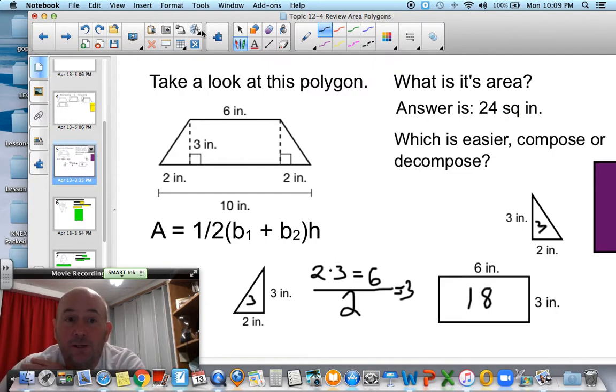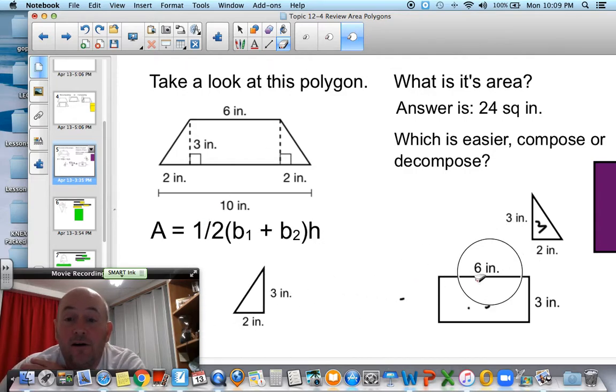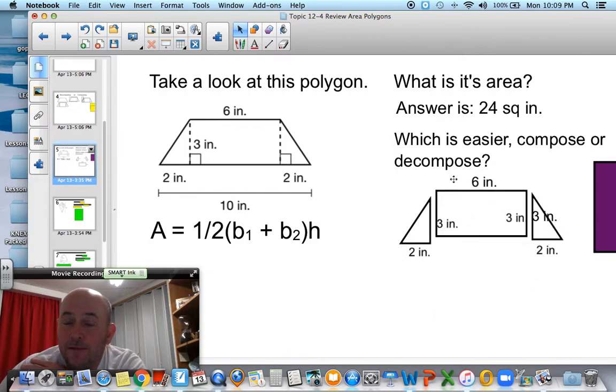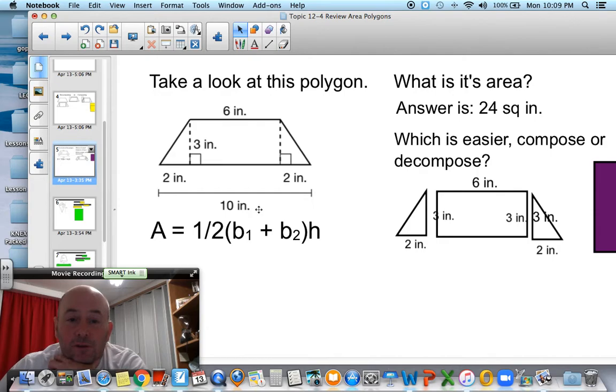Okay? Now I'm going to show you how to use the formula for finding the area of a trapezoid. Okay, so I'm going to get stuff moved out of the way here for us. All right, we'll just slide that all up in there. Now, if you look at the formula, it's 1/2 of base 1 plus base 2 times the height.